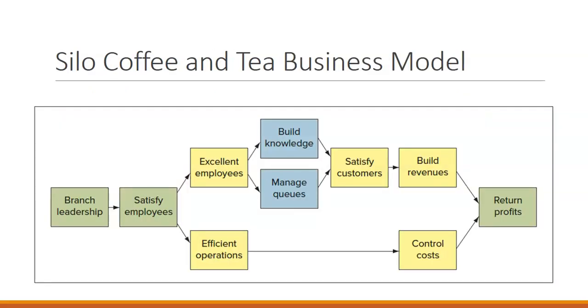So here's an example of the Silo Company business model. Their goals for their company are to have happy employees, have high profits, and have happy customers. And so they've developed this business model that looks at how can we achieve that and how do those things connect to each other.